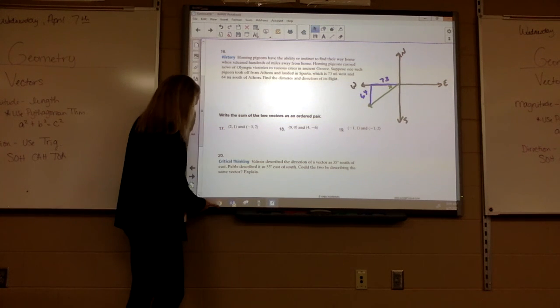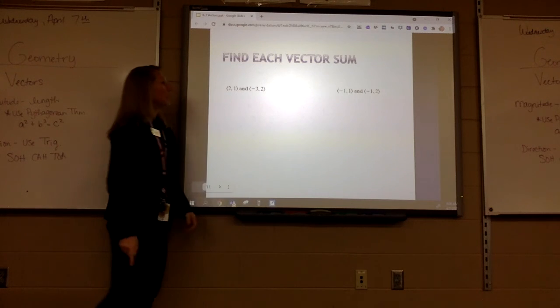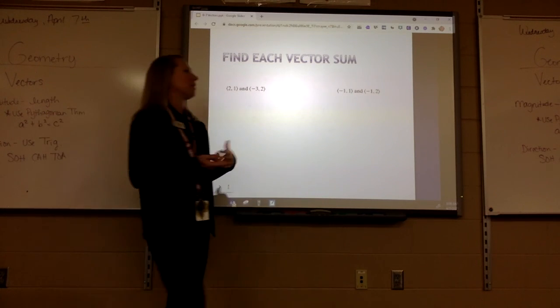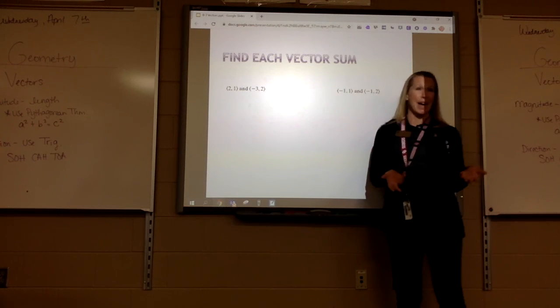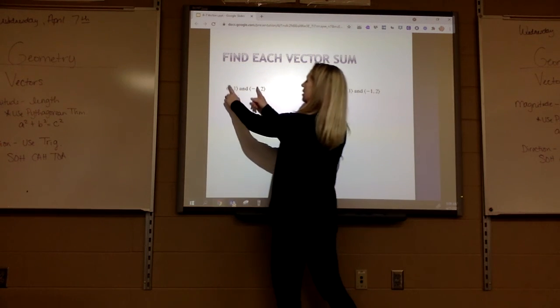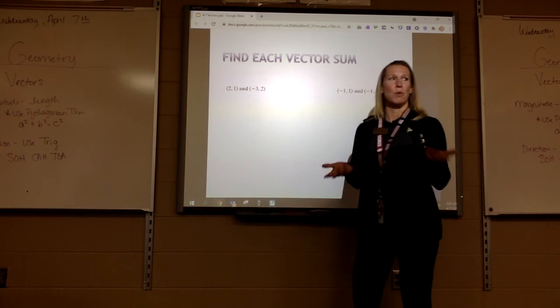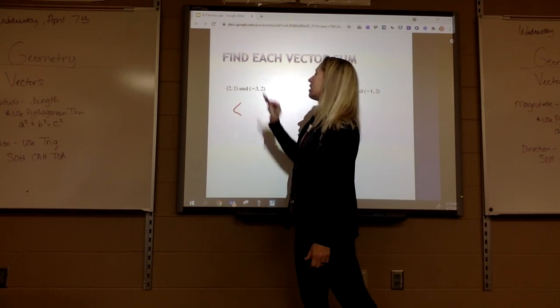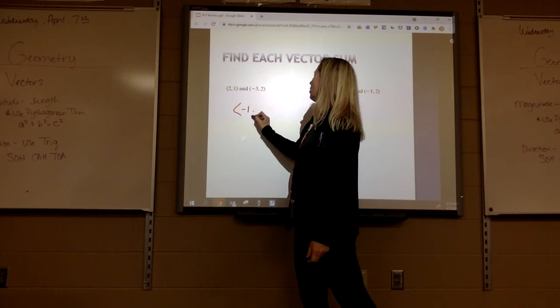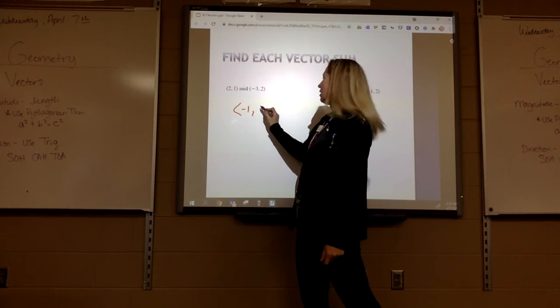Okay, very last type of problem. We're just going to find each vector sum. These are super easy. When you're finding the sum, it means to add. You're just going to add your x's together, comma, add your y's together. That's all there is to it. So what's 2 plus negative 3? Negative 1. What's 1 plus 2? 3.